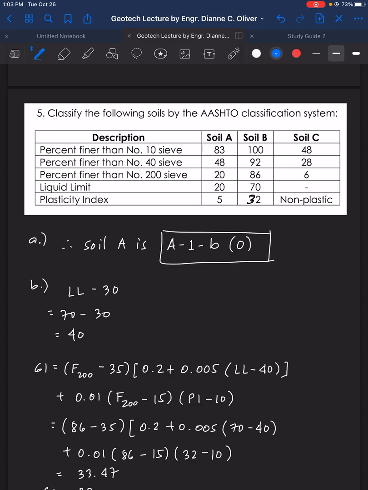So we have there 48% passing for soil C.